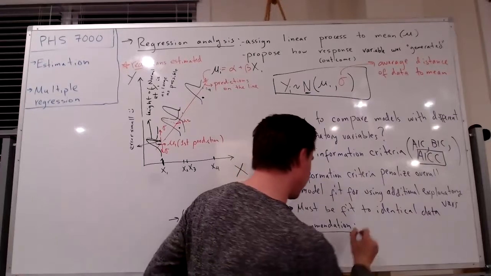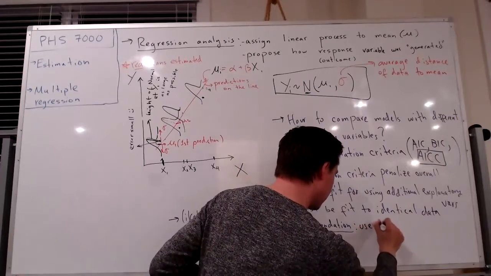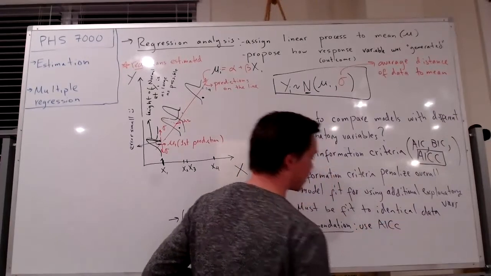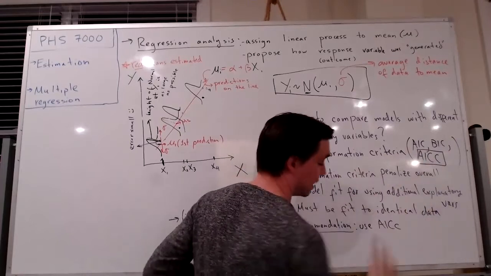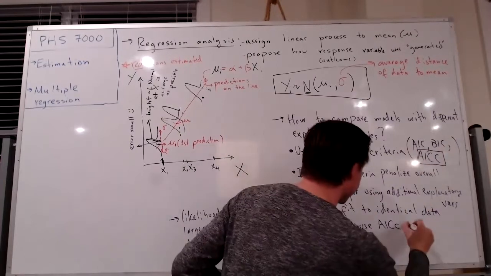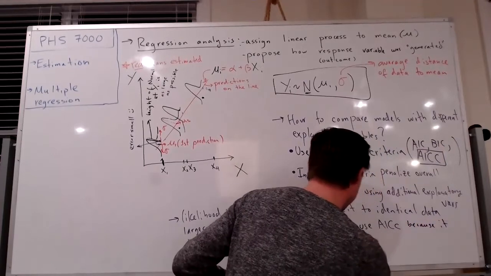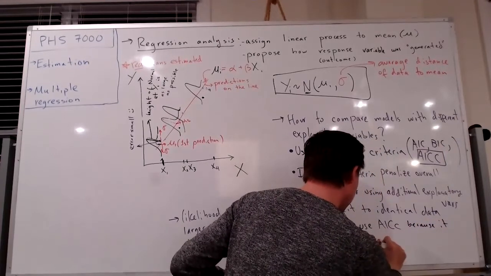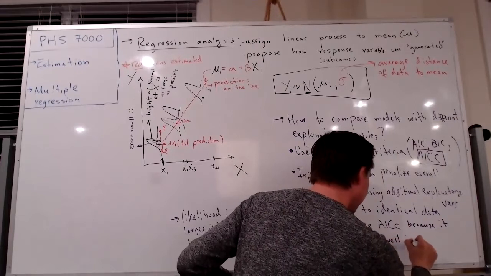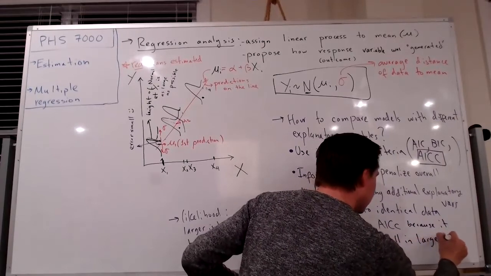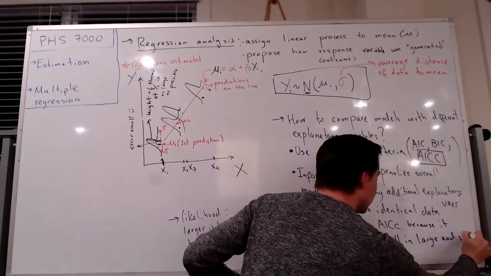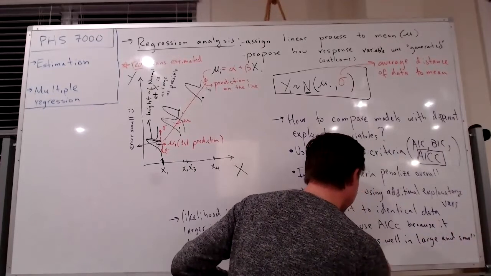That's the one you want to use. Use the corrected information criteria. Sometimes it'll be a capital C, sometimes it'll be a little c, because it works well in large and small data sets.